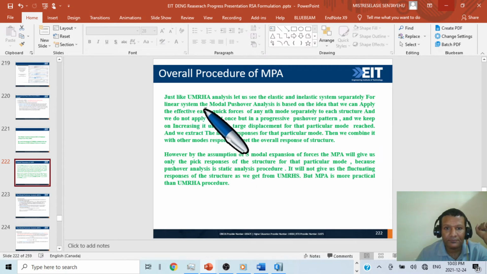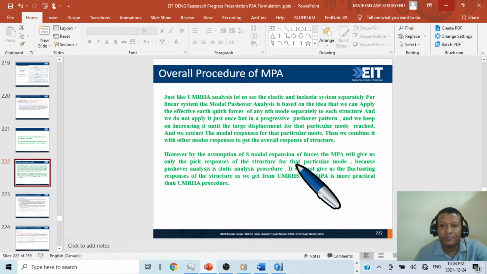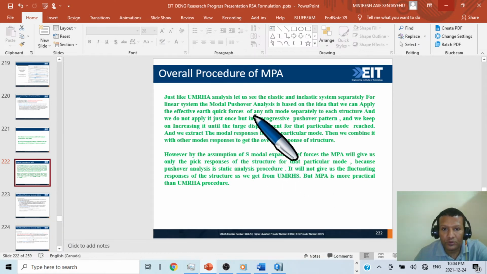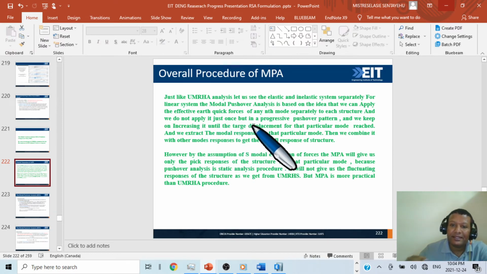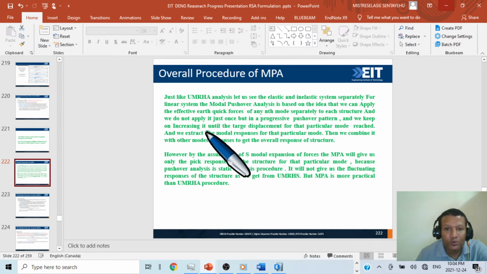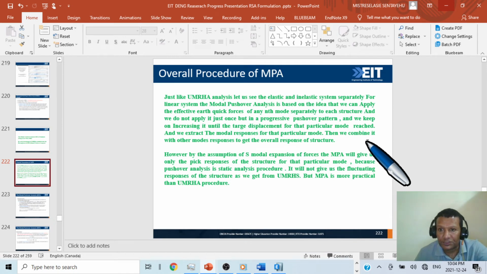For a linear system, the modal pushover analysis is based on the idea that we can apply the effective earthquake force of any nth mode separately to each structure, and we don't apply it just once, but in a progressive pattern, pushover pattern, because we have different steps to construct the pushover curve, and we keep on increasing it until the target displacement for that particular mode is reached. We push it progressively, not one time.